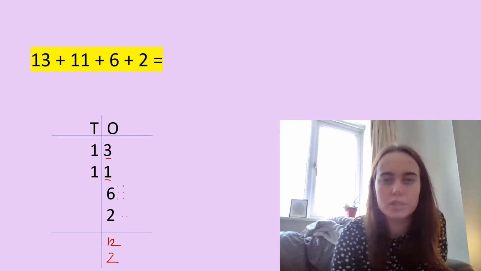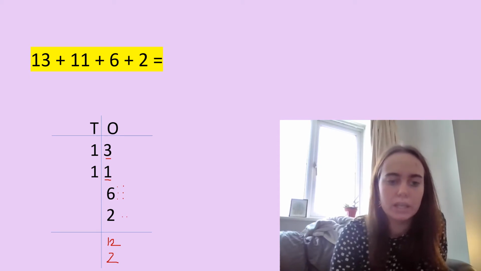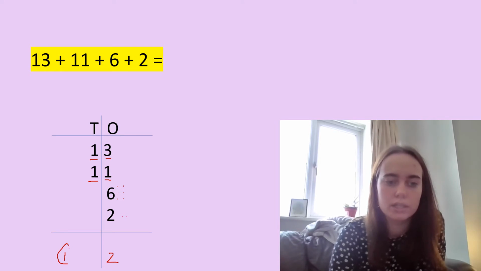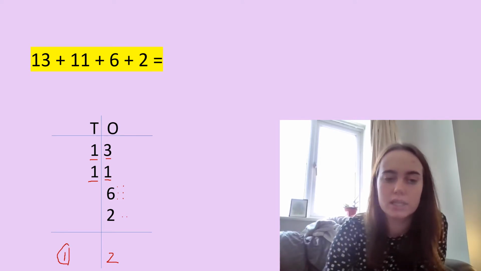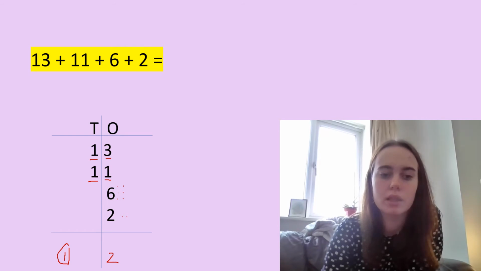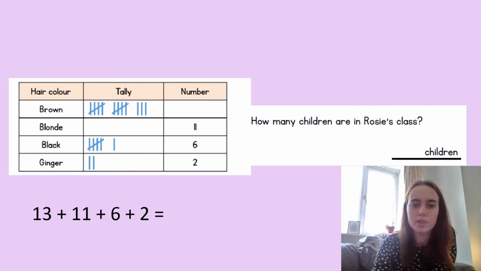So there's 2 ones in 12. And I'm actually going to carry over the 10 to the other side. Now let's count up the tens. We've got 10, 20, 30. But I'm not going to write 30 because that will give us 302. I'm going to write 3 tens. So again, our answer is 32.